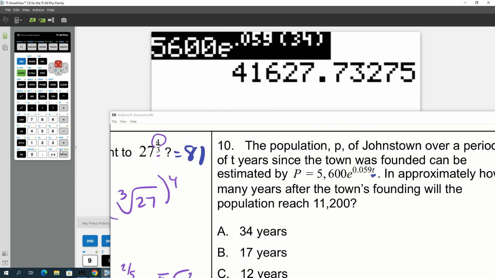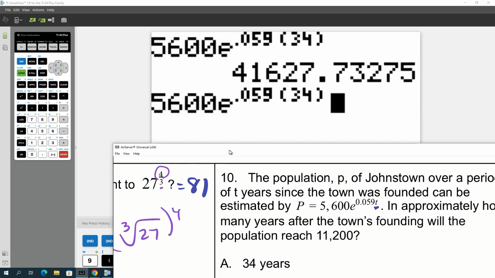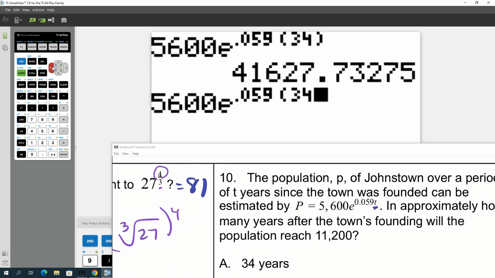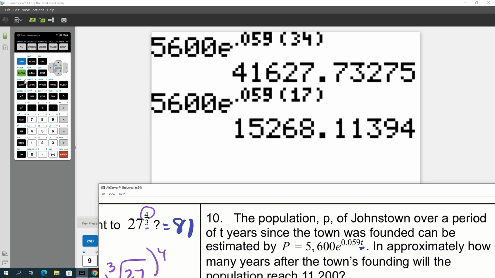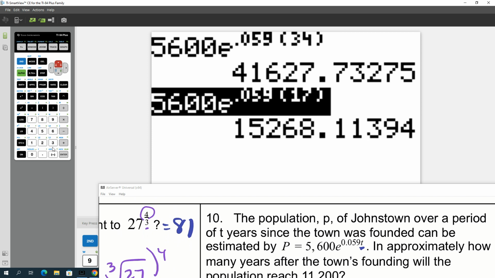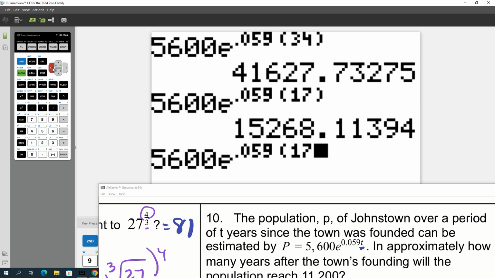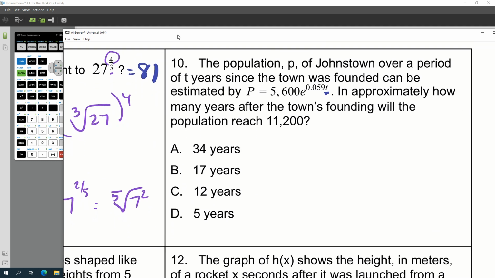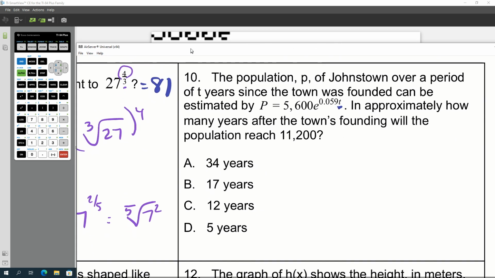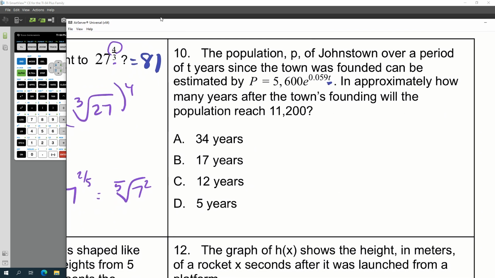You can just go up and choose it, and then type in 17 over the 34. Still too big. And then one more time, or two more times, depending what the answer is. There it is. That's definitely the closest. It's not exact, but it's the closest.